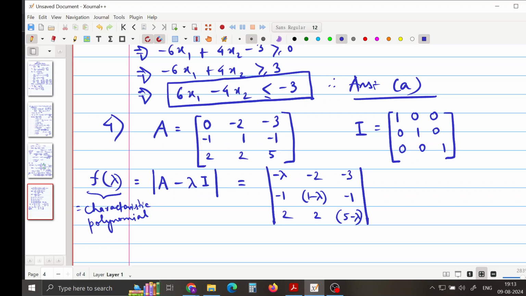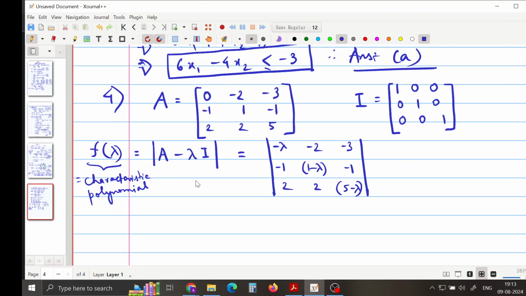Okay. So now, to find the determinant of this, you can expand it. You usually expand along some row or column. That's fine. But you always want some sparsity, meaning you want some zeros inside the matrix, so that the number of computations is fewer.